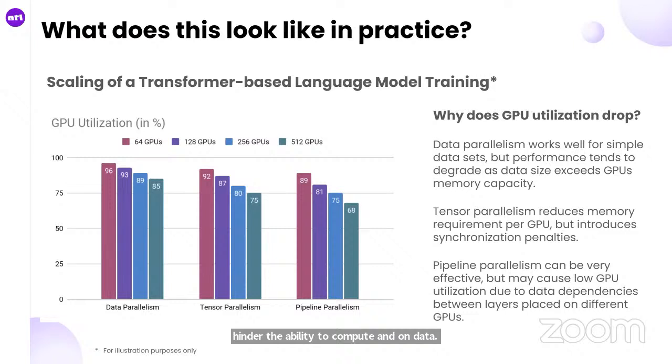And in practice, if we run some benchmarks to compare these different levels of parallelism, typically on a transformer-based language model, what we can see is that depending on the scale and the model that we pick, the GPU utilization and therefore the GPU performance can drop. We can lose 20, 30, 40% of GPU utilization by using a methodology that doesn't work all that well.